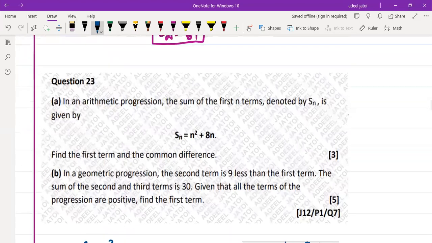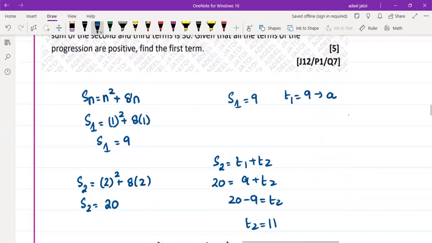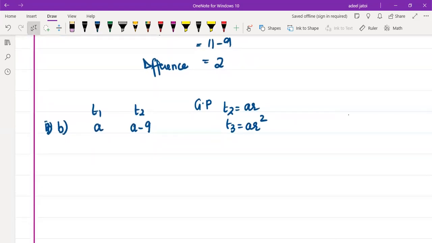And the question says the sum of the second and the third term is 30. Since it is GP, your second term is shown as AR and your third term is shown as AR square. So what we can do is AR plus AR square should be equal to 30.